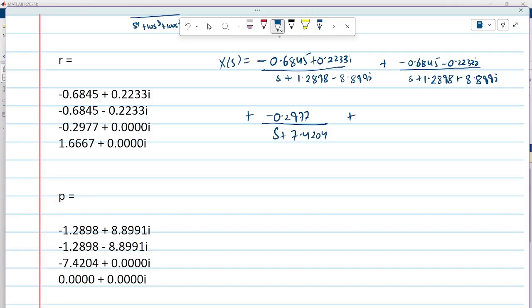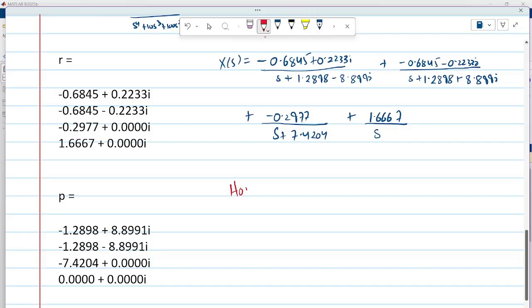Plus r4 divided by s minus p4. So r4 is 1.6667, and that's just real, divided by s minus p4, and p4 is 0 actually, so it's simply s. So that's our partial fraction after using MATLAB. So now what you can do is perform the inverse Laplace transformation of this one and let me know the final answer. So that's your kind of homework.